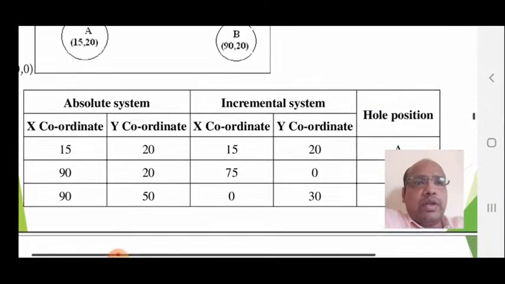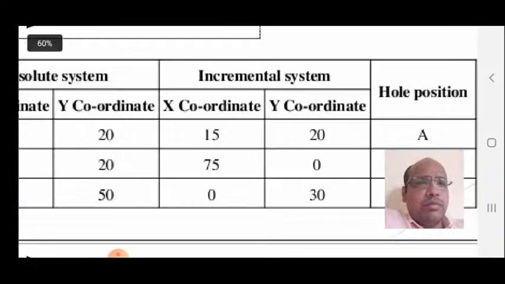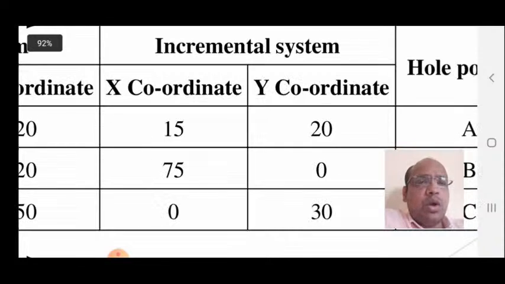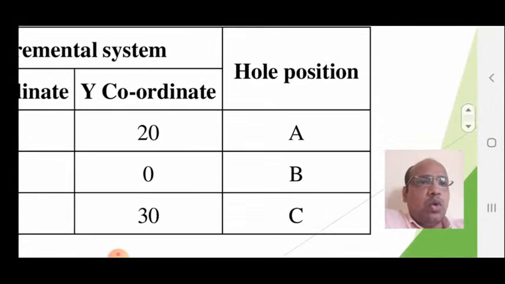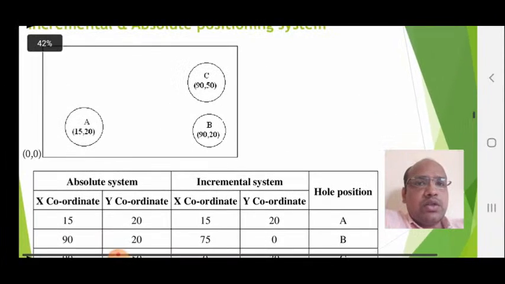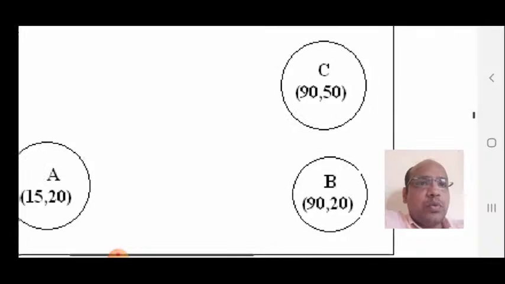Here I have shown a table. In the table there are absolute system coordinates and incremental system coordinates, and these are the hole positions A, B, C which are shown in this diagram. This is the position of A, this is the position of B, and this is the position of C.